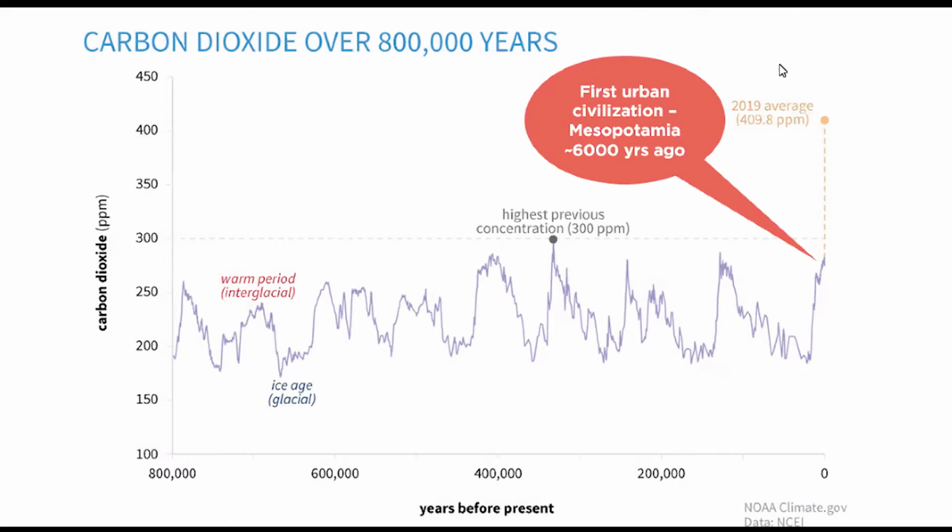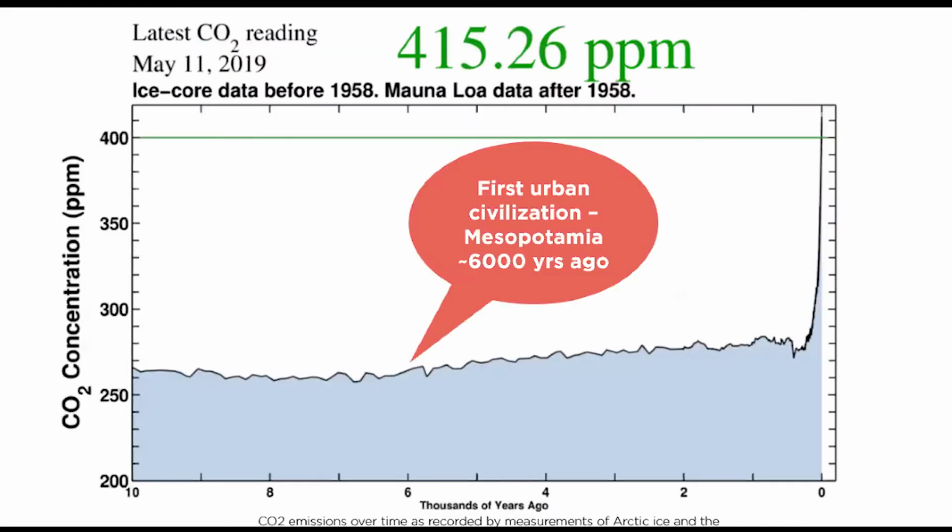The speech bubble here points to the first urban civilization, first human civilization about 6,000 years ago. And we can see all the way on the right side of the graph, the CO2 concentrations that we're at today, which are way above the stable fluctuation before humans.